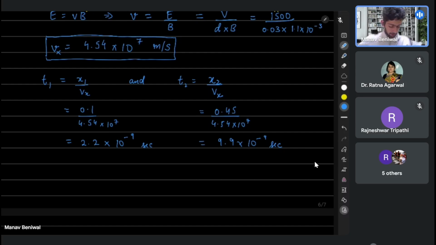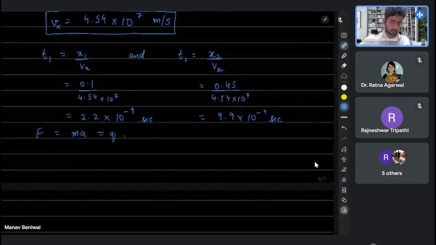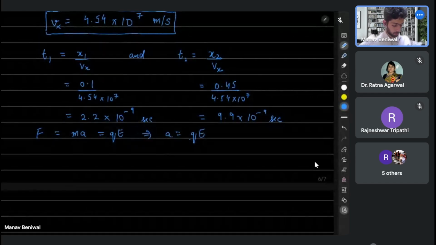So we know that the force, that is mass times acceleration, will simply equal charge times electric field. This will give us the acceleration as QE over M, right?